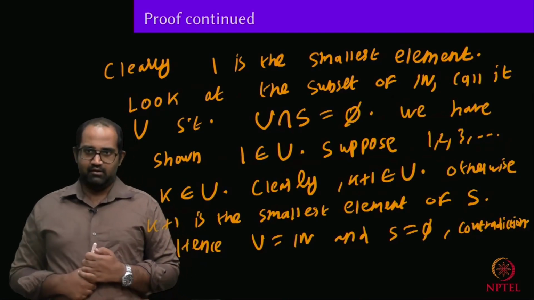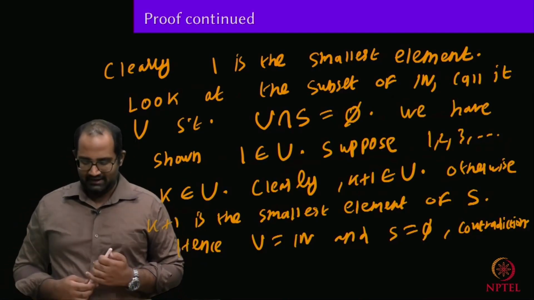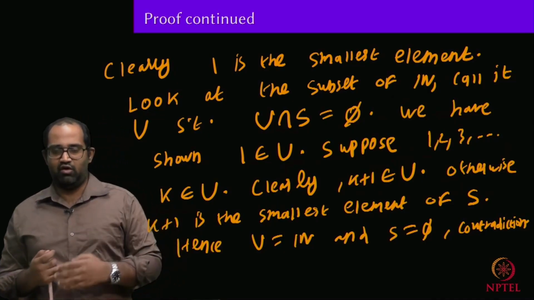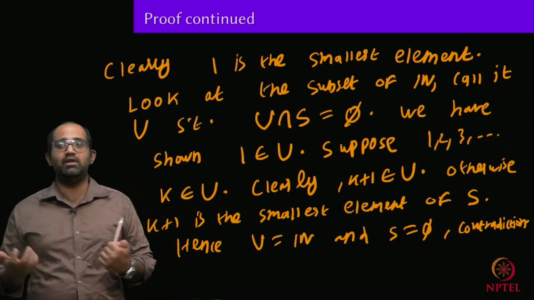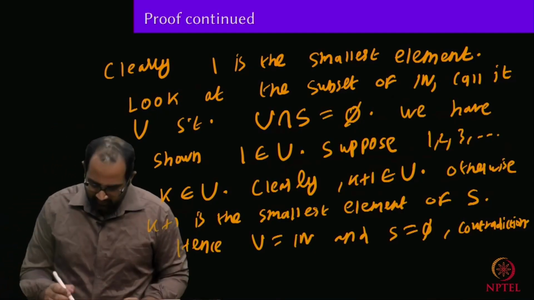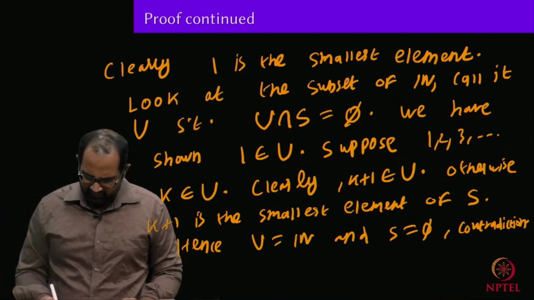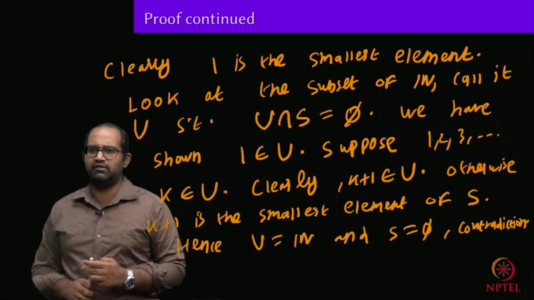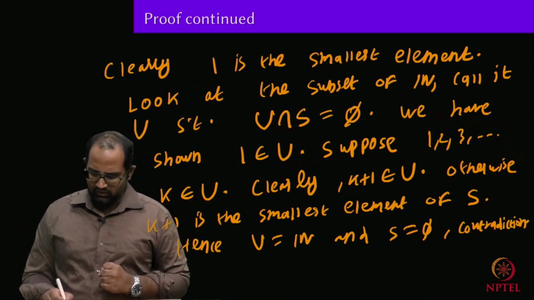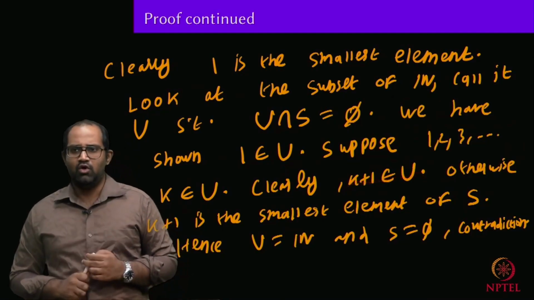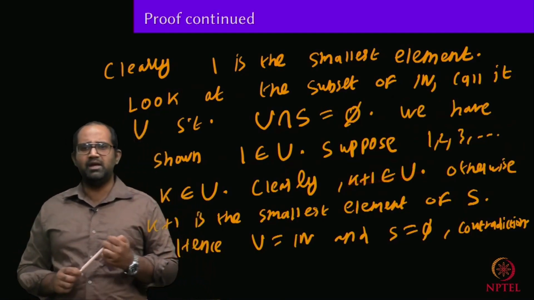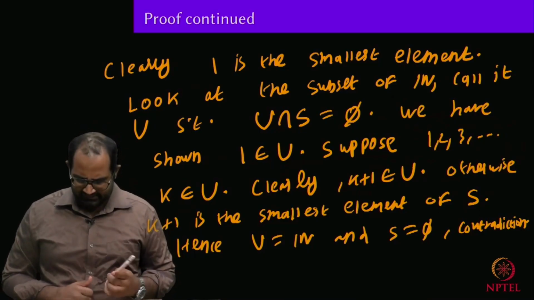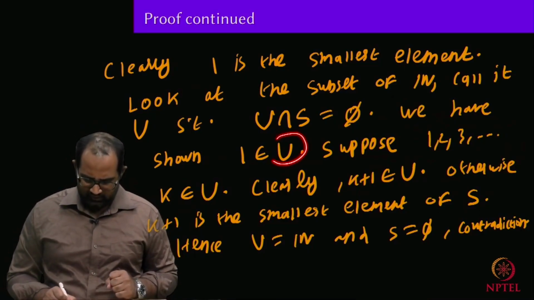In the axioms, we stated that if N is in U, N plus 1 should also be in U, then U will be N. But here, I have said, suppose 1, 2, 3, ... k is in U, and then argued that k plus 1 is also in U. So, I am strictly assuming more about the properties of the set U, right?